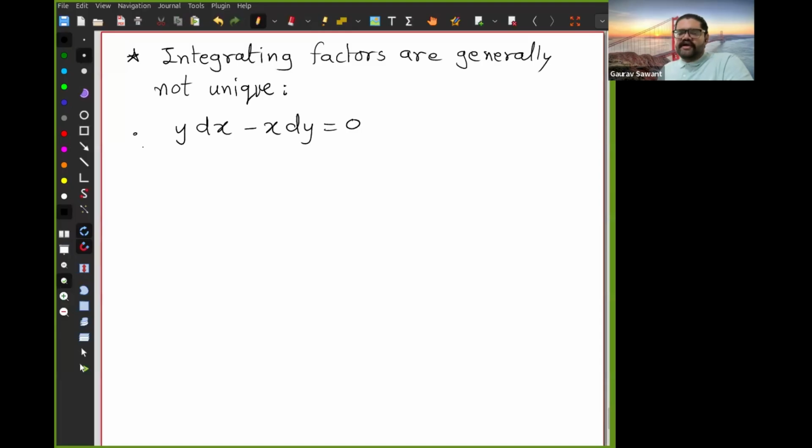This actually has several different integrating factors. So let's say I can have 1 over x square. I can have 1 over y square. I can also have 1 over x square plus y square. There are more, but we will see what happens.